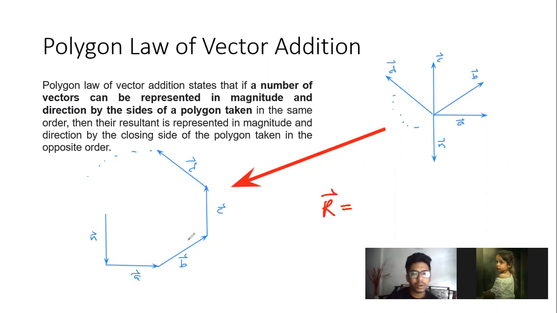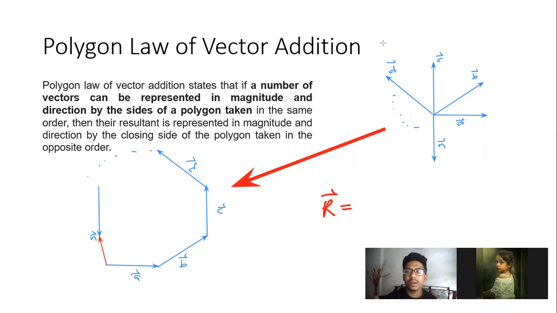When we draw these vectors, we can see that the ending point and starting point coincide. Suppose the resultant vector is drawn from here to here, so it has some length and a direction.